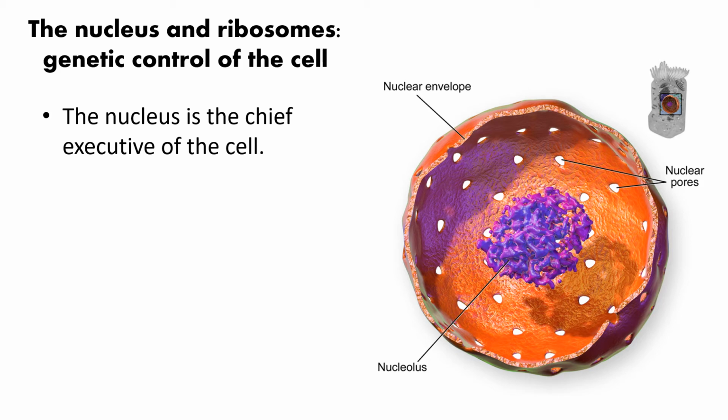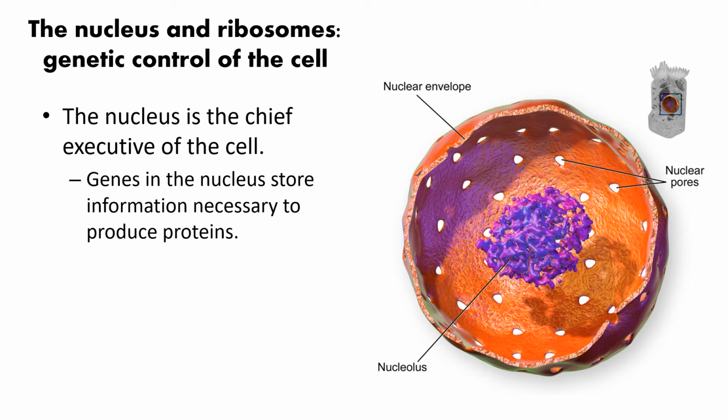It is going to be where all of the directions are held, and it's very important that those directions are protected from outside entities. Okay, the genes that are located on the DNA are necessary for making the proteins, and so you want those directions to be protected so that you will always have a copy of the directions for those proteins.